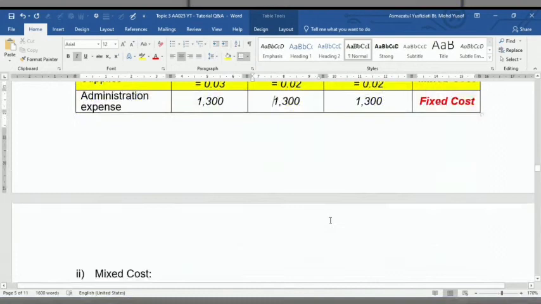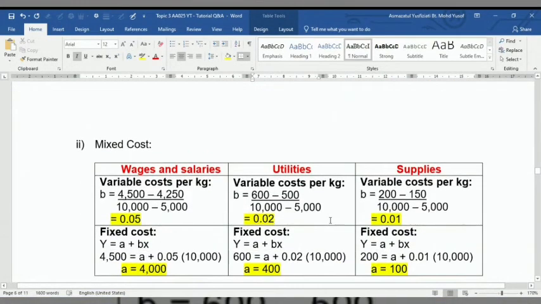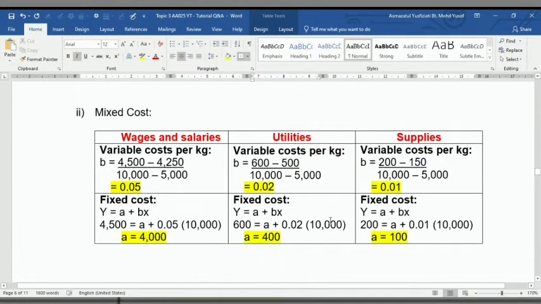Now we look at the second Roman. Okay, the second Roman mentions about the mixed cost. Okay, so for the mixed cost, you have to identify or calculate the variable cost and the fixed cost. Because in the mixed cost, there are 2 costs inside. That is the variable cost and the fixed cost. Okay, dekat sini saya buat kotak-kotak. Okay, you don't have to make this table pun tak apa.